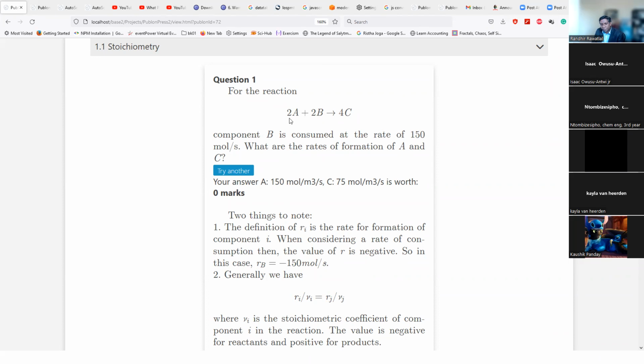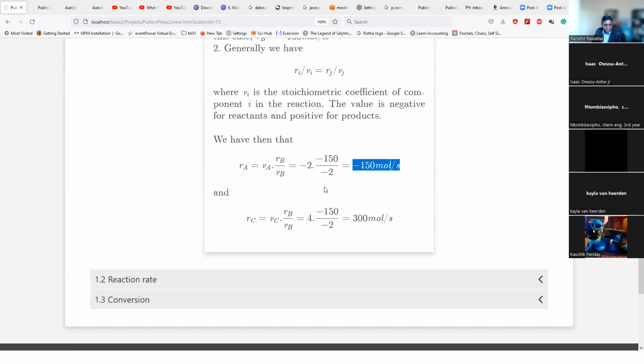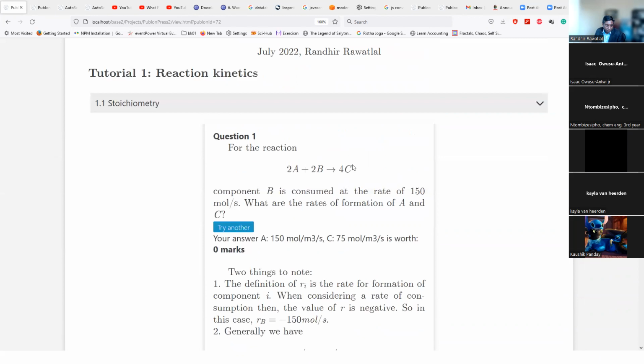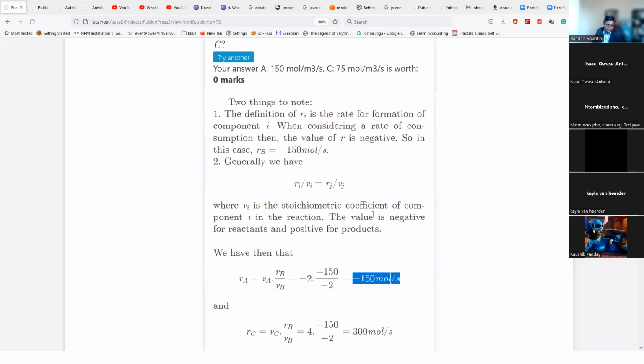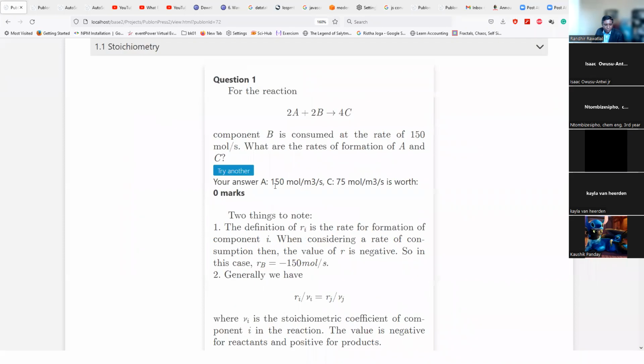That means it's formed at minus 150 moles per second. So that's A. And then we form twice as much C as A is consumed or B is consumed. So we'll produce plus 300 moles per second of C. So that was the answer that we were looking for.